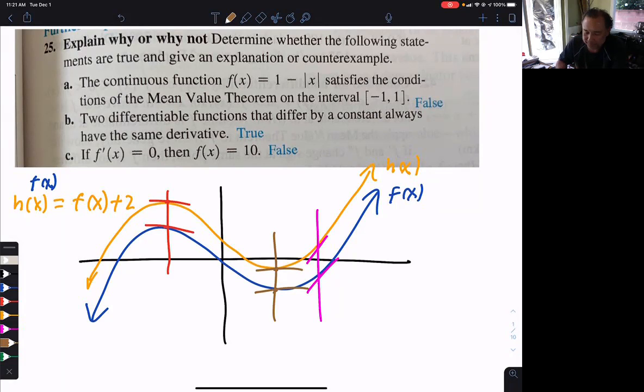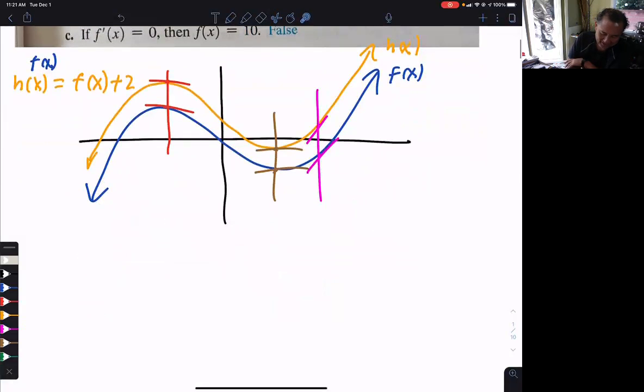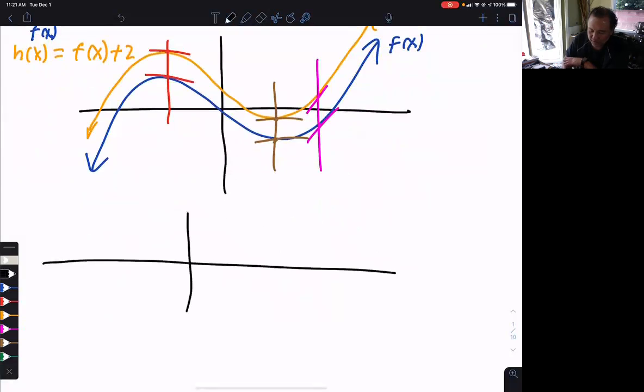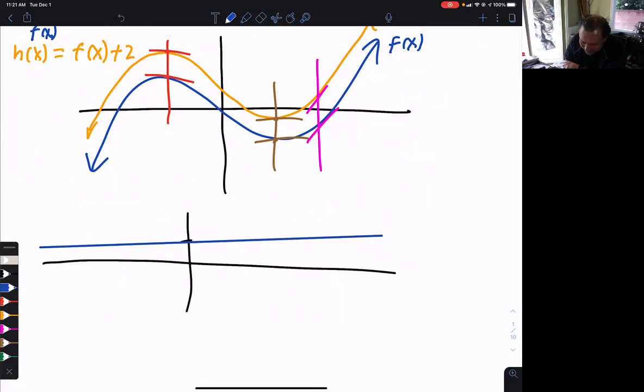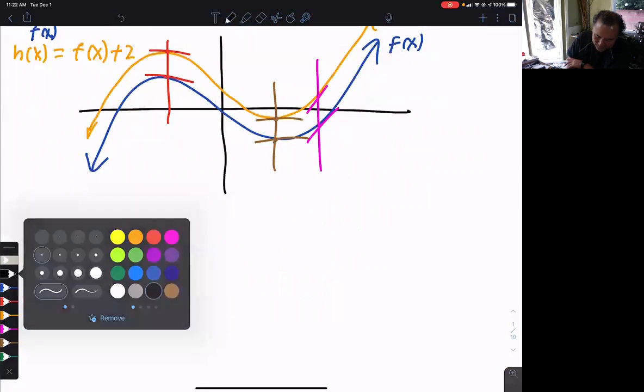Part C. If a function always has a derivative of 0, that means the slope at every point is 0. The only function that's true of is what? What function always has a slope of 0? A horizontal line. If you draw a horizontal line, whoa, let me fix that because my original is pretty bad.